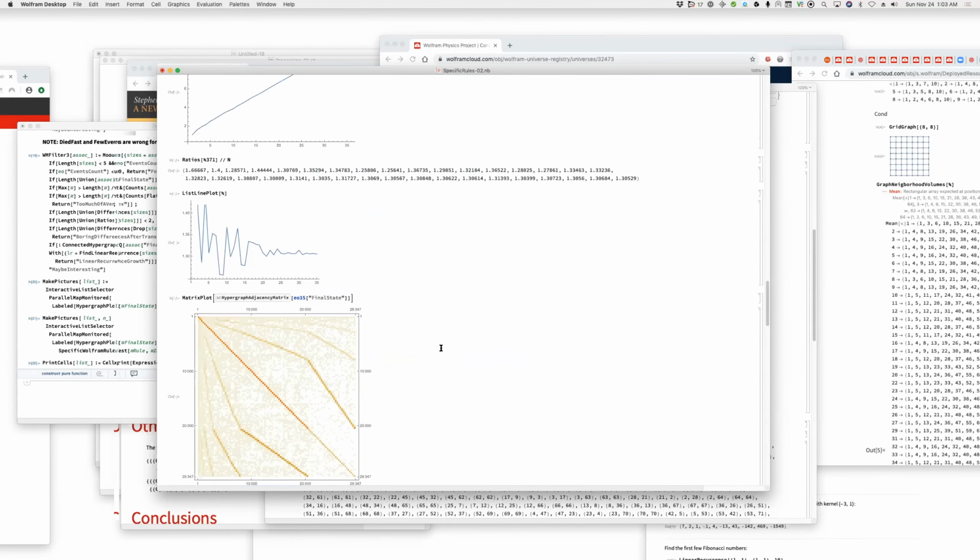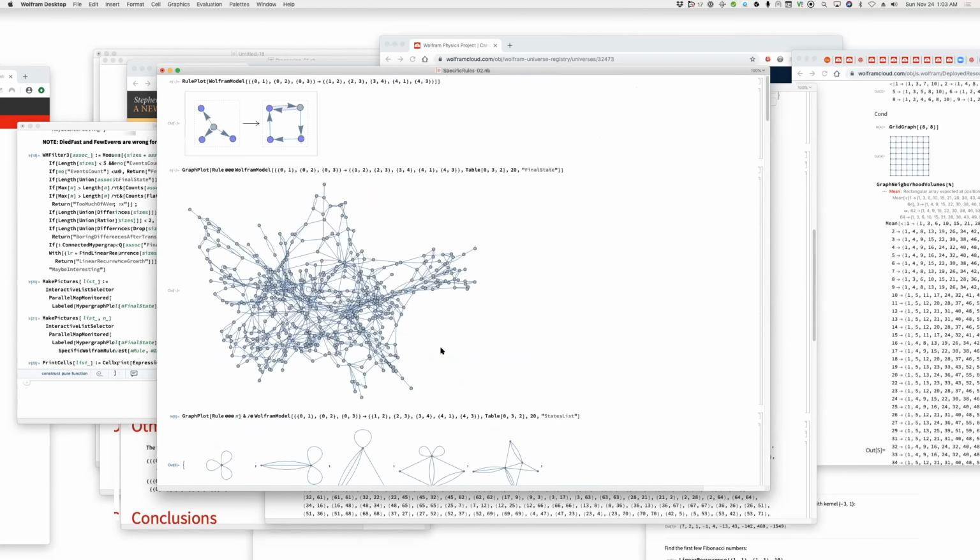Won't it be a serious anticlimax if something like this turns out to be the rule? It's just such a bizarre and random and inelegant object.